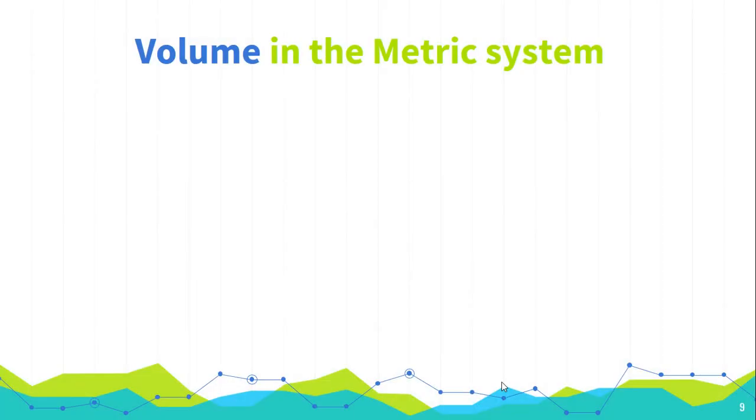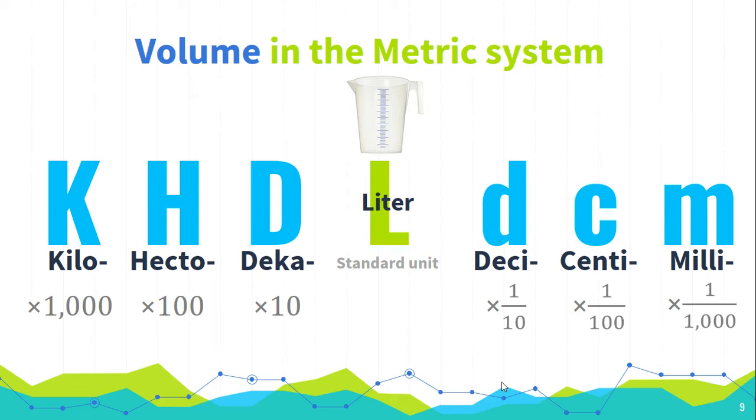So for volume in the metric system, our standard unit is a liter. And in the metric system, everything is based off of the kilo, hecto, deca, standard unit, deci, centi, milli kind of format.